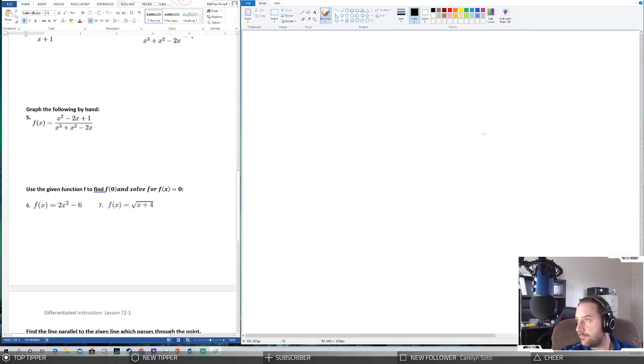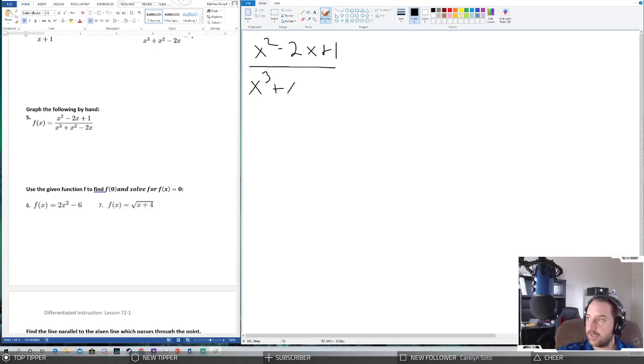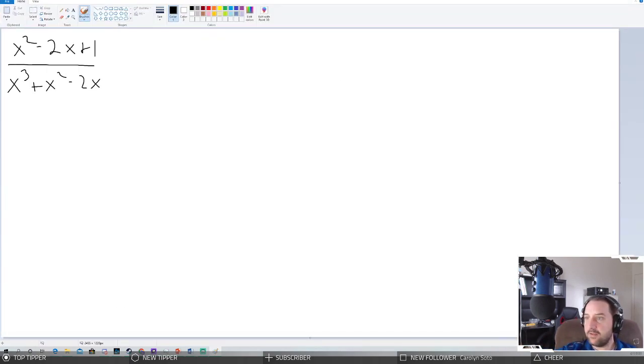Okay, so we have x squared minus 2x plus 1 over x cubed plus x squared minus 2x. Reevaluating that one, finding the descriptive material, if I factor everything, on the bottom it was x times x plus 2 times x minus 1.